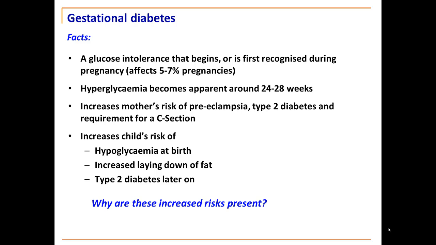Remember, prolonged hyperglycemia damages all manner of cells and tissues. And interestingly, women with gestational diabetes mellitus have an increased risk of type 2 diabetes mellitus of about 50% within 20 years. So there's a significant risk of type 2 diabetes mellitus.